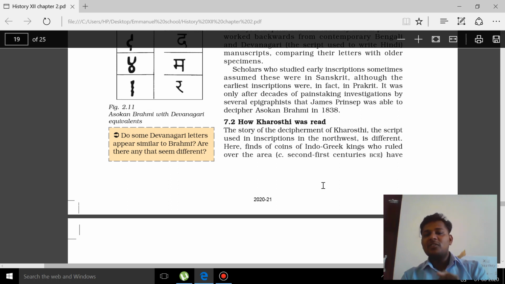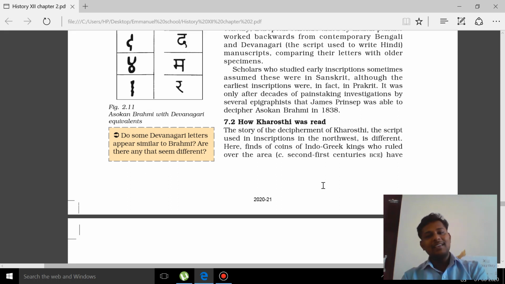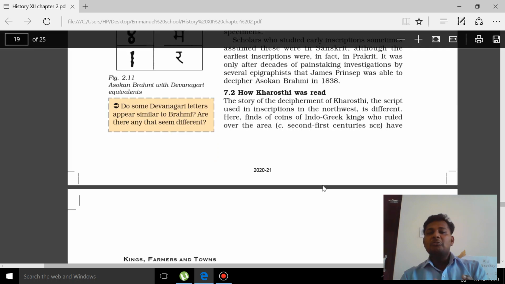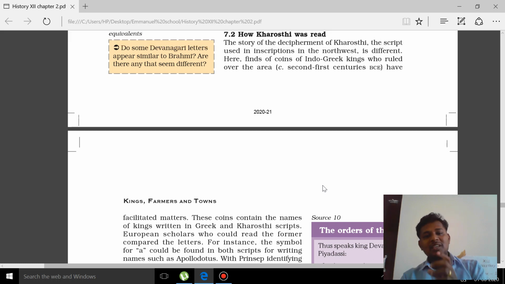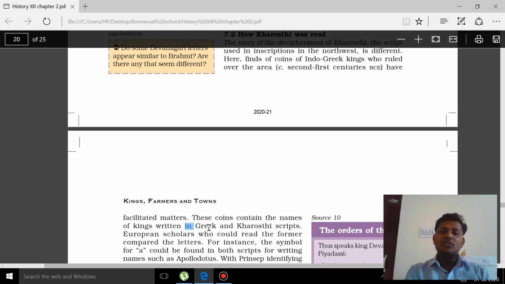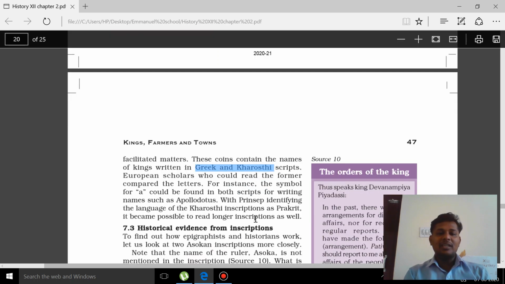What is the different story? It is the finds of coins of Indo-Greek kings. In the coins we found, two scripts were used. One is Greek, the other one is Kharosthi. The coins of Indo-Greek rulers had two scripts. This helped us.